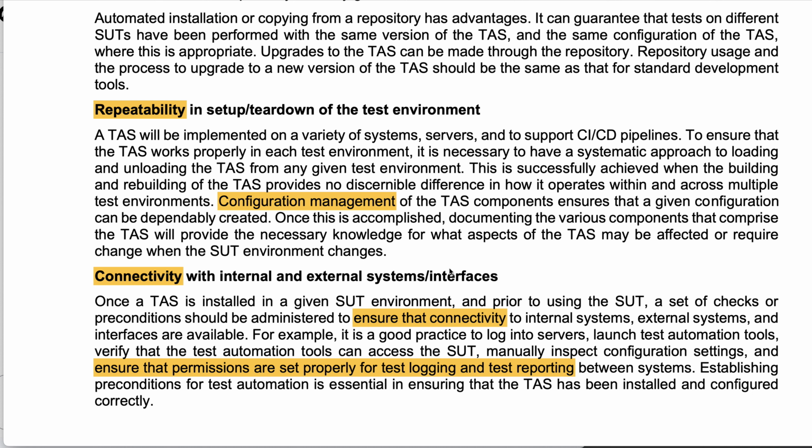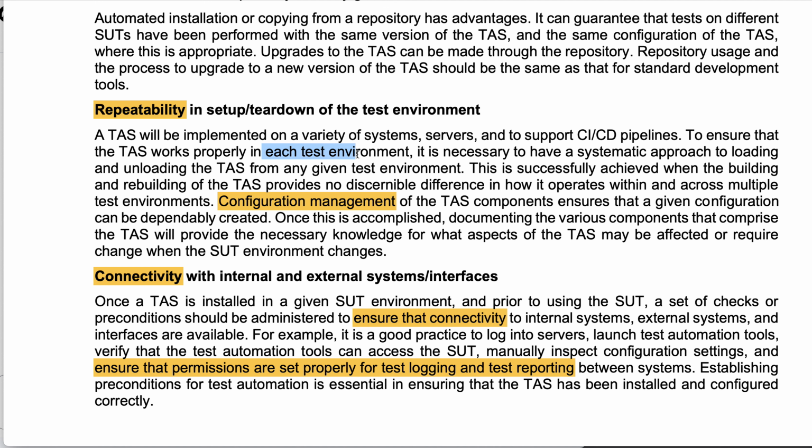Repeatability in setup and teardown of the test environment. A test automation solution will be implemented in a variety of systems and servers, and to support CI/CD pipelines. To ensure that the test automation solution works properly in each test environment, it's necessary to have a systematic approach to loading and unloading the test automation solution from any given test environment.